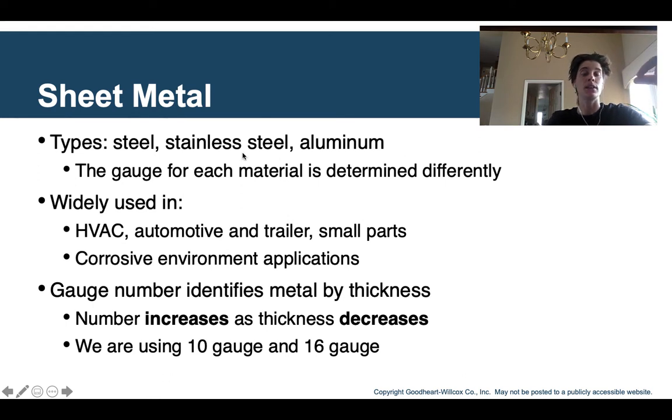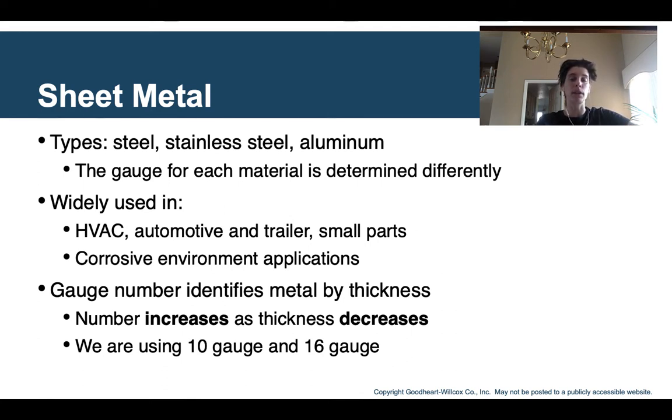So 10 gauge stainless steel is not the same as 10 gauge carbon steel. I just want to point that out. It's very annoying. Sheet metal is often used for HVAC systems, for cars and trailers, and for small parts, sometimes for corrosive environment applications, like acids and stuff like that.